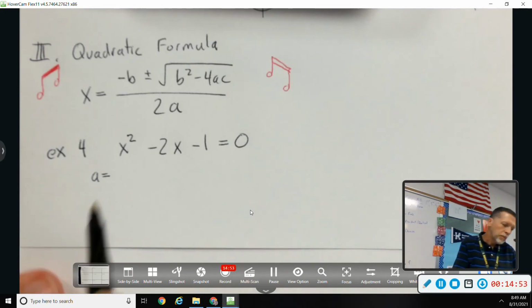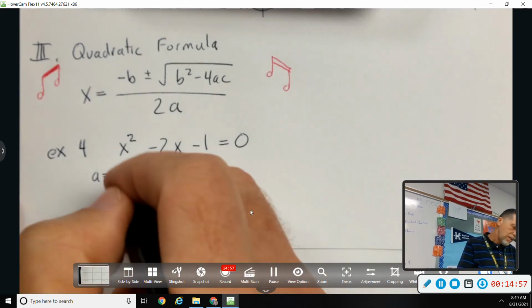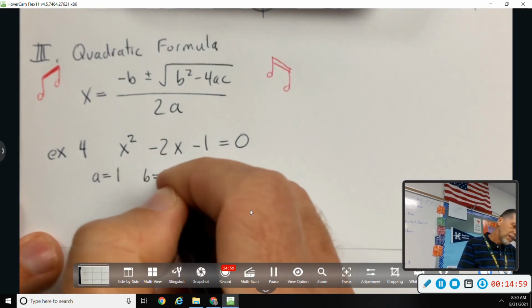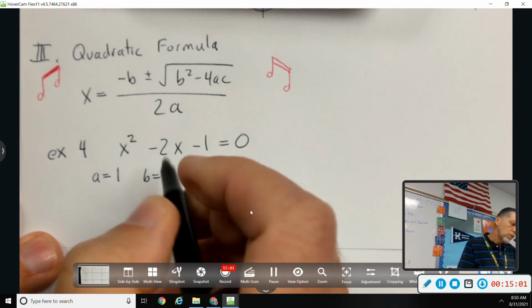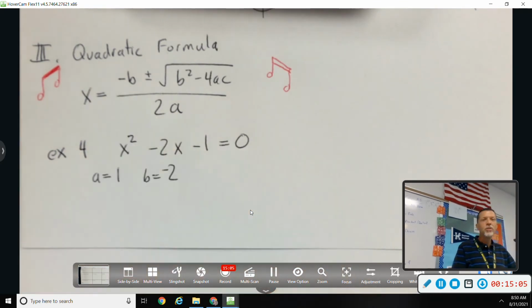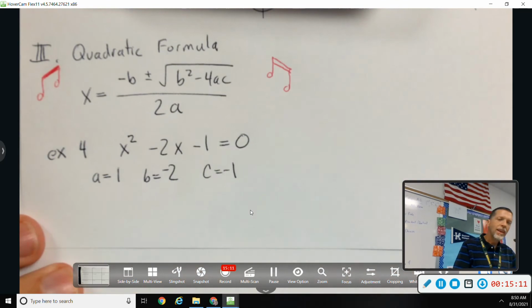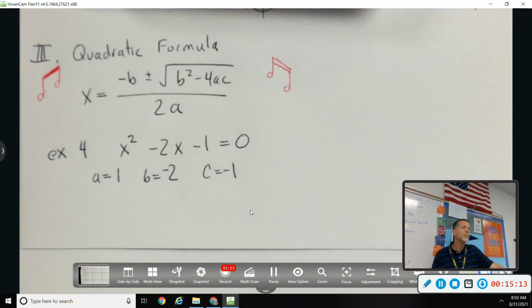straightforward. All right, what does a equal in this problem? 1. And b? It's positive 2. Careful. Well, b is negative 2. You're right, we'll use the opposite of b in a minute, but b itself is negative 2. And c is negative 1. After you've done this a few times, you're probably not going to write down a equals, b equals, c equals.